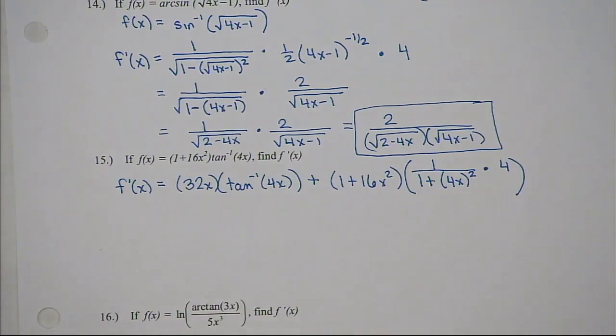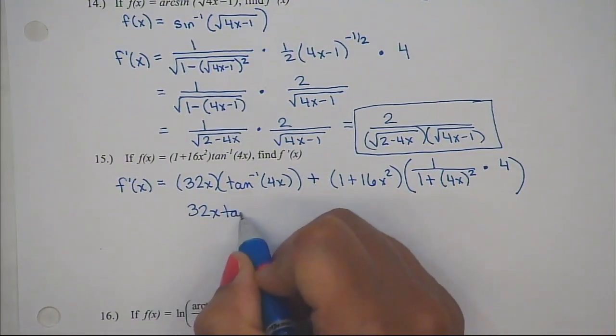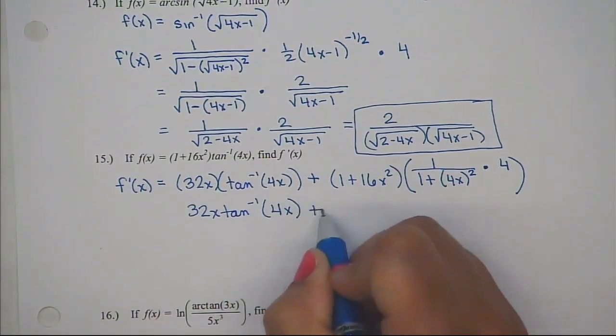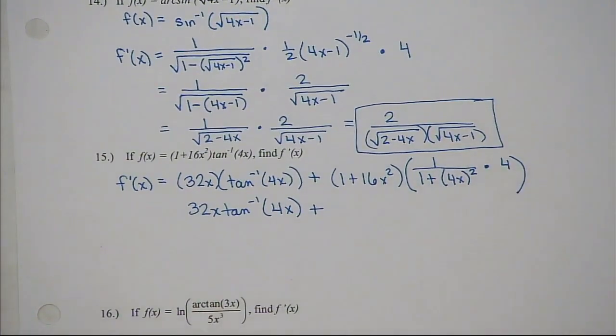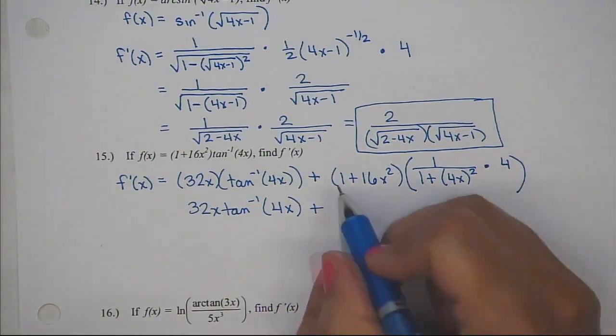But let's clean it up. The left piece, I can't really do much with 32x inverse tangent, so I can just get rid of parentheses. There's that left side. Now let's look at the right side. In the numerator, I have 4 times this, so I'm not going to distribute.